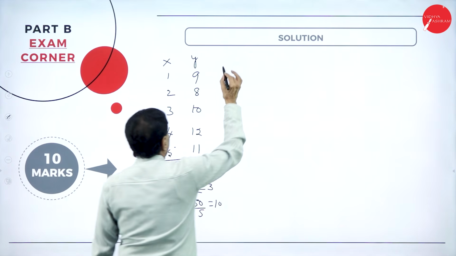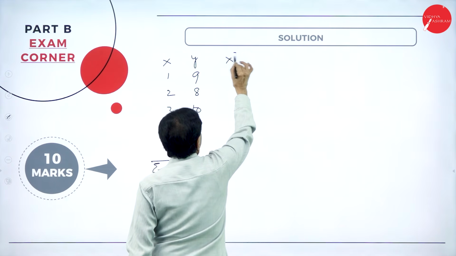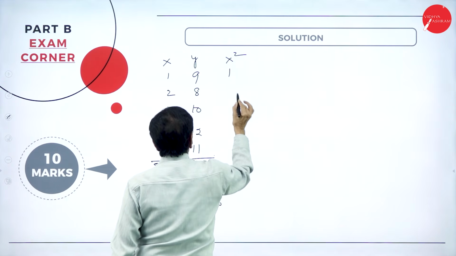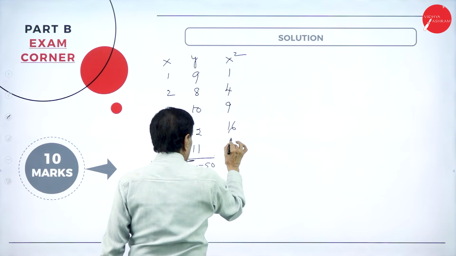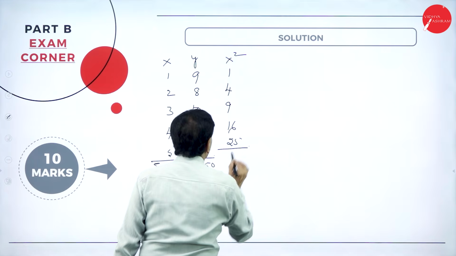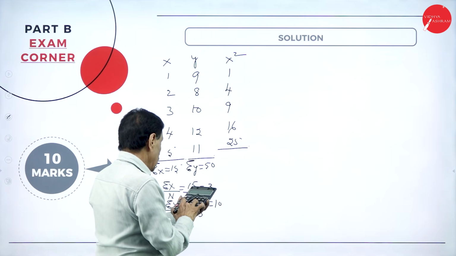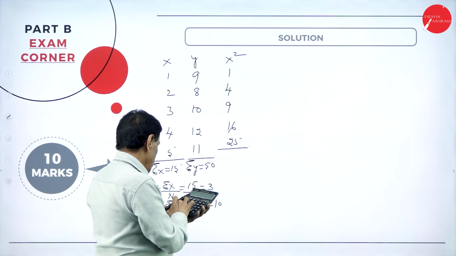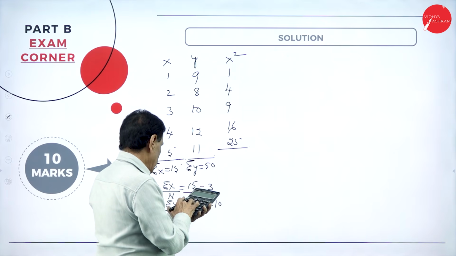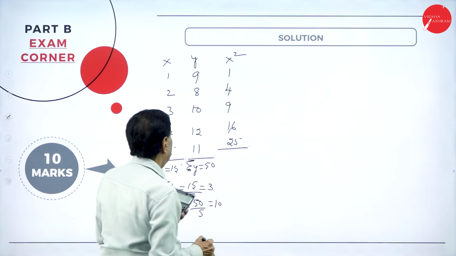Next step, x square: 1, 4, 9, 16, 25. Add 1 plus 4 plus 9 plus 16 plus 25, that is 55.